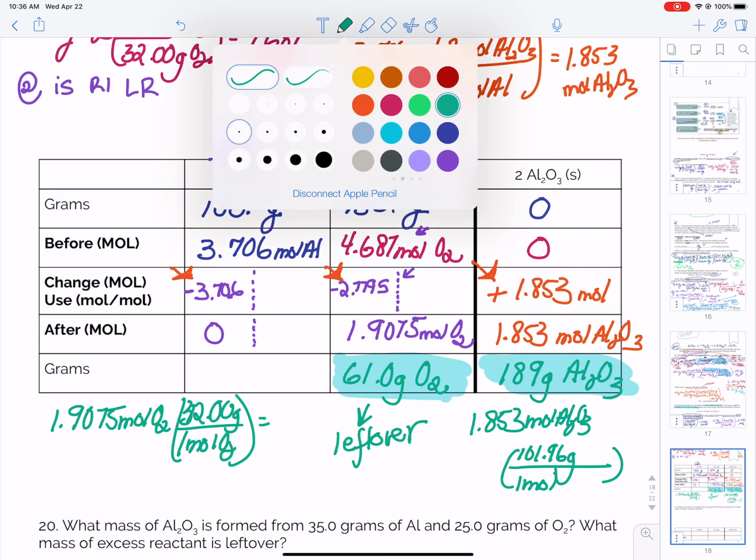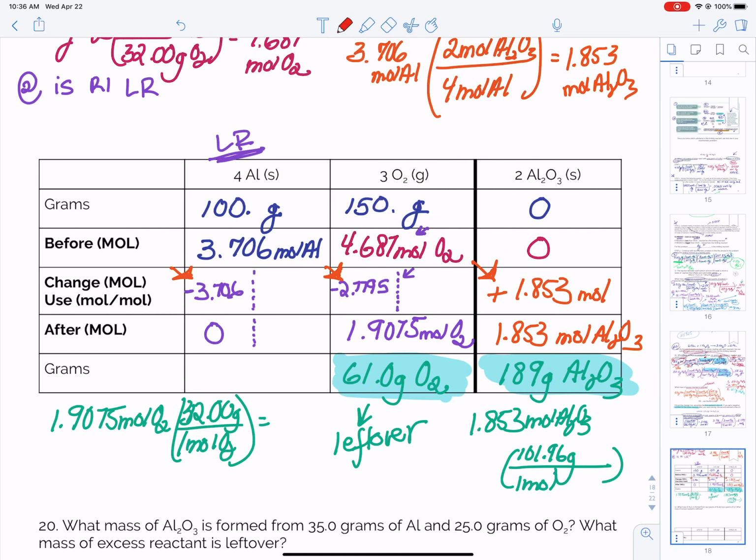Another interesting thing that happens when we do a question like this is that I can check my work rather easily. Remember the law of conservation of matter. It says matter is never created nor destroyed. So look at the start of this reaction. I have 250 grams of matter. I have 250 grams of stuff, aluminum atoms and oxygen molecules to begin with. A reaction happens. Guys change partners.